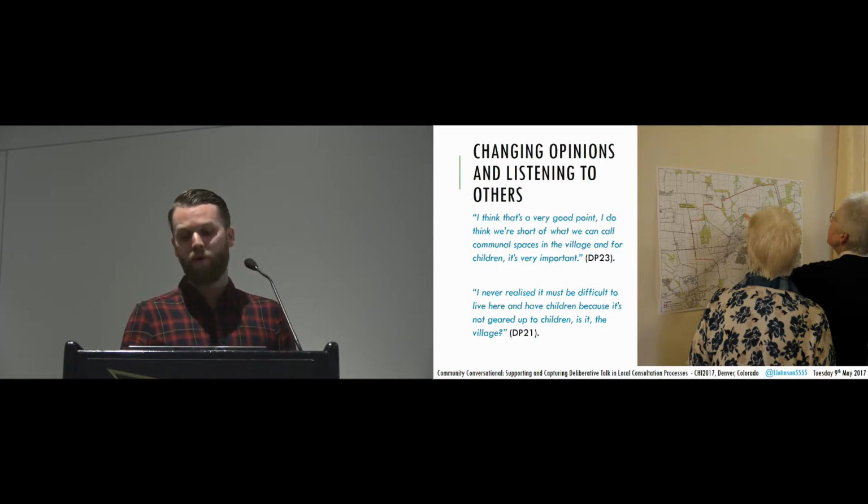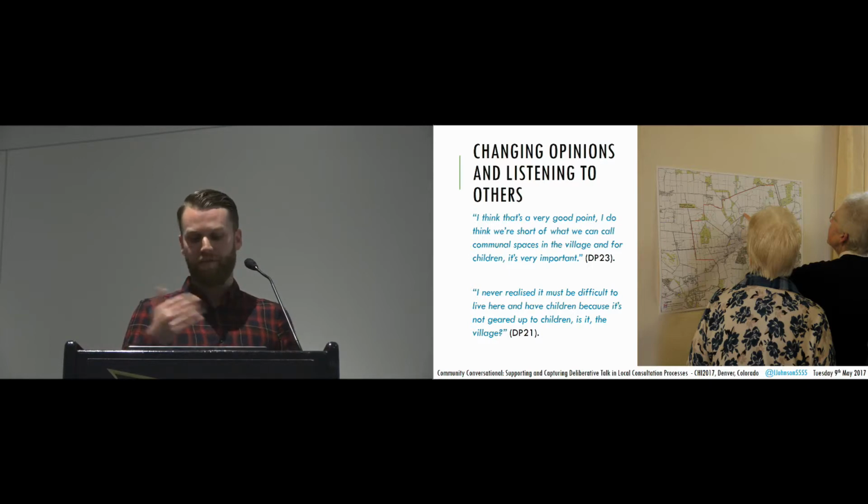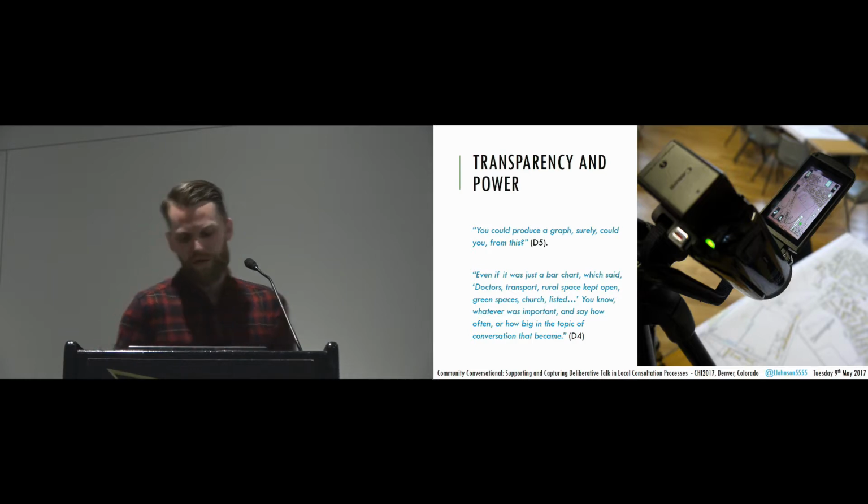I do think we're short of what we can call communal spaces in the village for children, and that's very important. And then another person on their turn followed up with this, also bringing it up. I never realised it must be difficult to live here and have children, because it's not geared up for children, is it, the village?